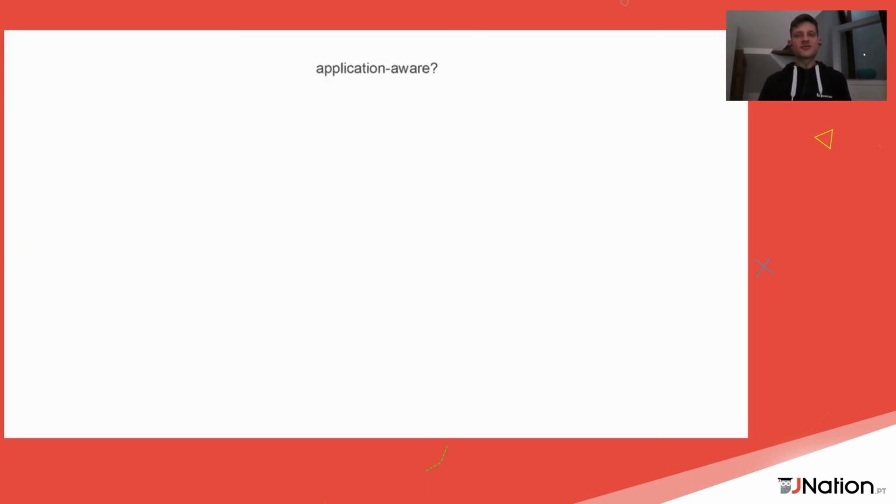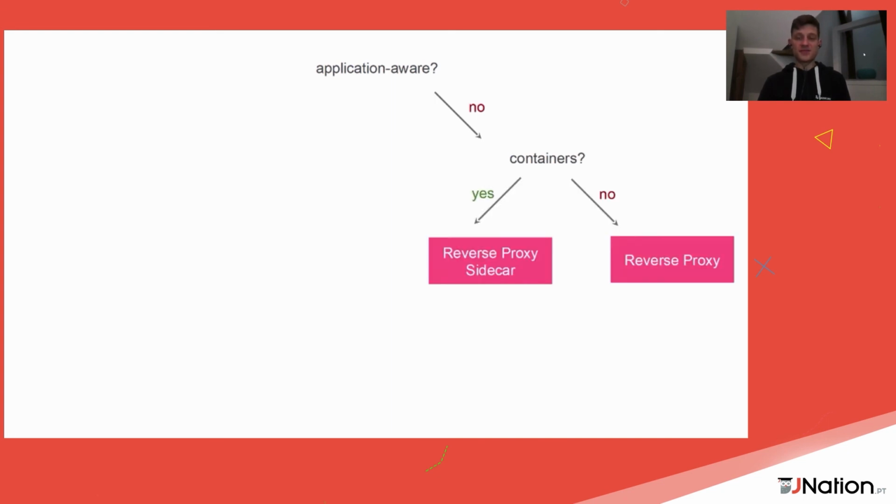I would start from the question: does my application need to be aware of the caching? If no, then is it container based? If no, use reverse proxy. If yes, use reverse proxy sidecar as soon as there is a mature solution available.